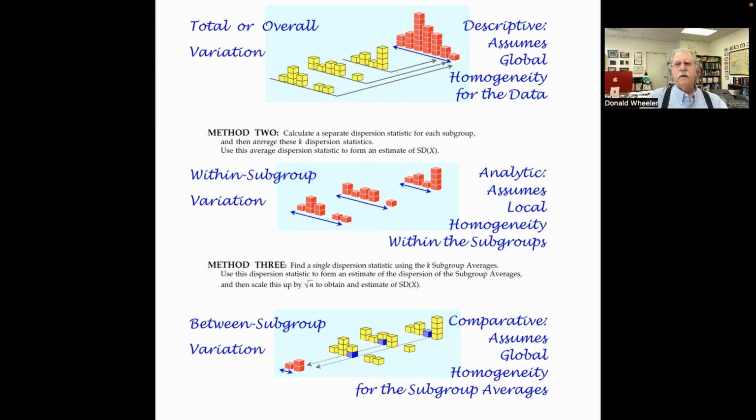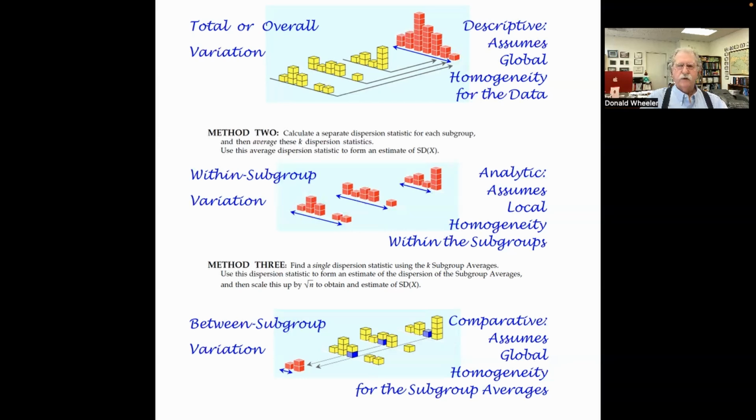Now, which of these assumptions is going to be easiest to meet in practice? It's always going to be easier to achieve local homogeneity than it is to achieve global homogeneity. You see, this is the one assumption that the process behavior charts are built on. It has nothing to do with the shape of the histogram.